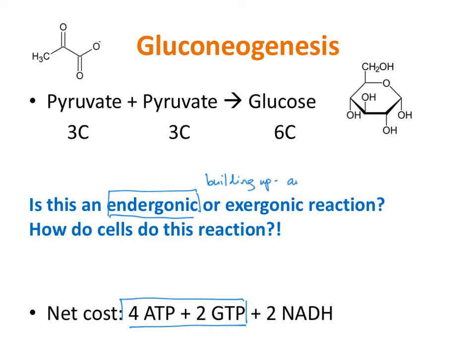That is, it's an anabolic reaction, and those are always endergonic. But it's because we're coupling these endergonic reactions to the highly exergonic hydrolysis of these phosphate molecules that cells are able to perform this process in a thermodynamically viable way.